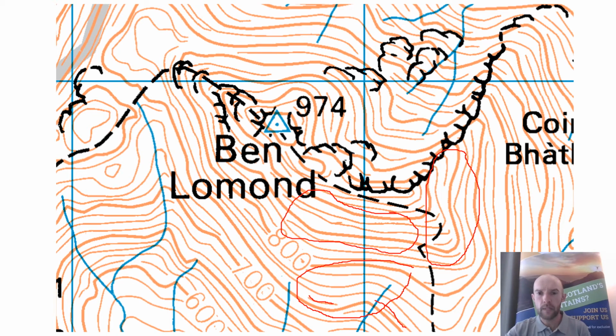So that is going to be steep, challenging ground. And if you note that this path actually takes you up through that. So again, just plan ahead, spend that little bit of extra time in your planning whenever you're going out in the mountains to look and see what the ground is telling you.